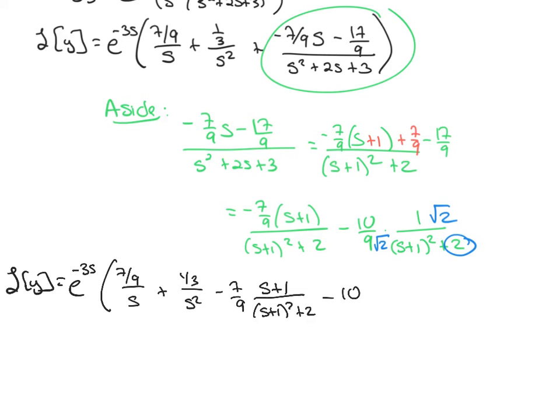Nice cosine. Minus 10 over 9 root 2 times root 2 over s plus 1 squared plus 2. A pretty nice sine.